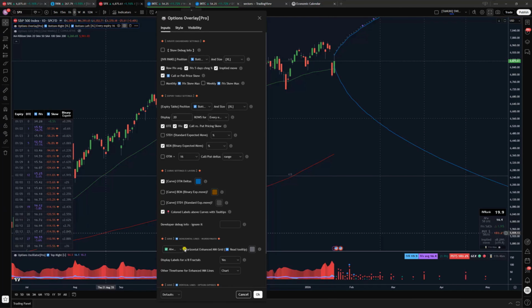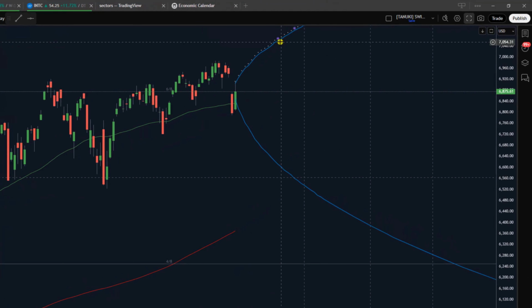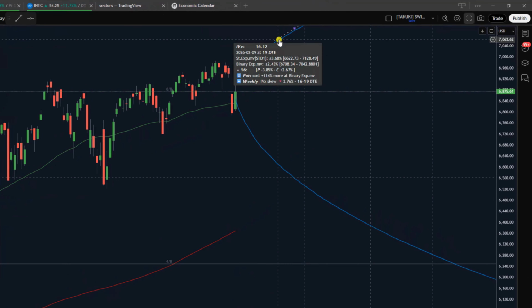So for example, if we are looking at these levels, these are 16 delta levels at this time. On the 9th of February, there is a 16 delta probability of hitting this price level, which means that there is an 84% probability that if I sell this option, for example, it will expire out of the money and I get to keep the premium.